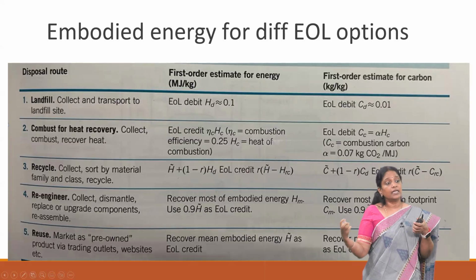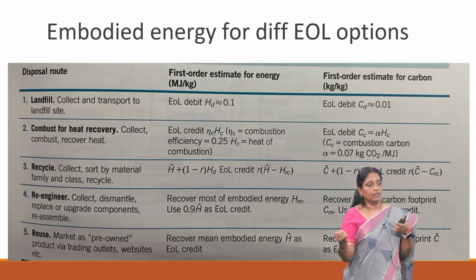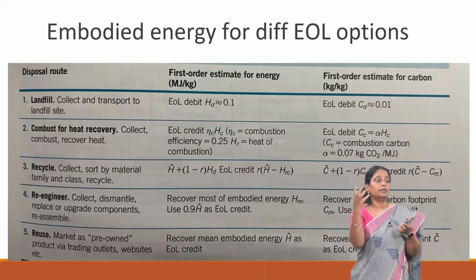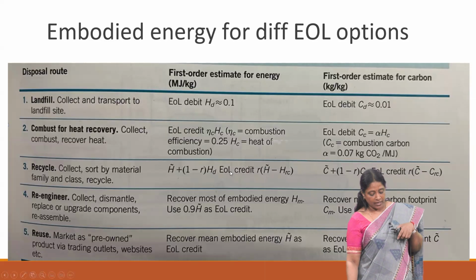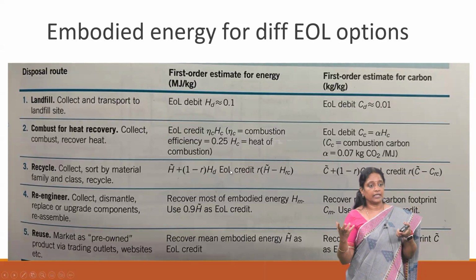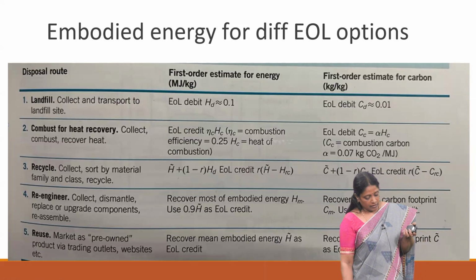So that is the energy incurred for recycling, like what you did in the problem. So the embodied energy minus the energy required for recycling, you are subtracting, and that is the net embodied energy of the recycled material which is coming back into our cycle. So that is a credit again, right?